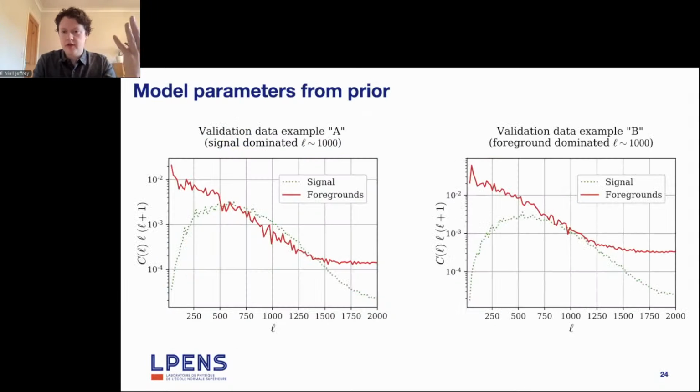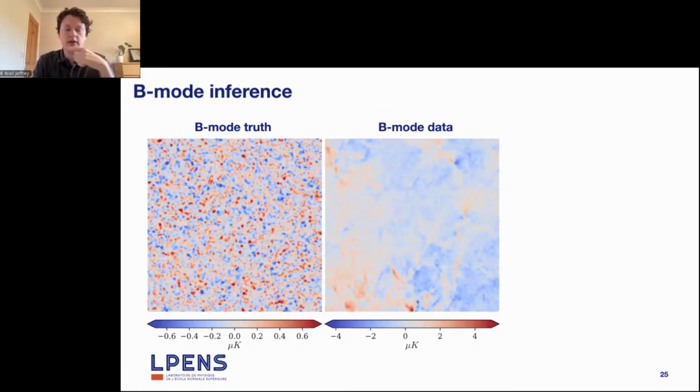So now we plug this into our moment network and we're able to generate estimates for our underlying signal that we want to get. On the left, you can see the truth, our B-mode true map. And in the middle, you can see some B-mode data using a simulation that we haven't used to synthesize our training data.